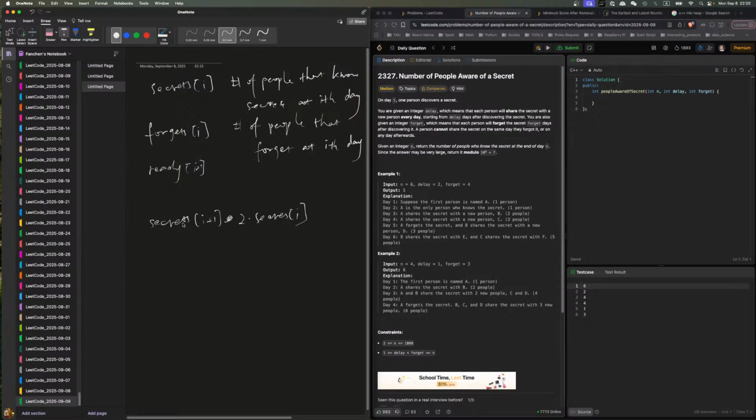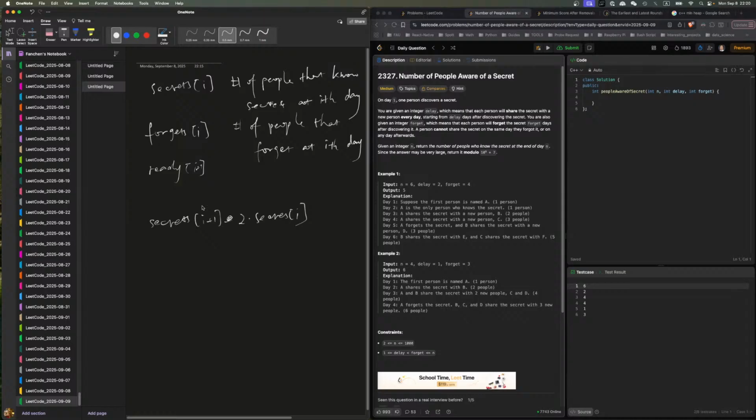So that is just secrets, right? The secrets is the people who are ready to know. We have people who are ready, and we also have secret. Secret is just at that time, right? Because you tell the person, so on that day, who knows, and some of them might not be ready to share, right?